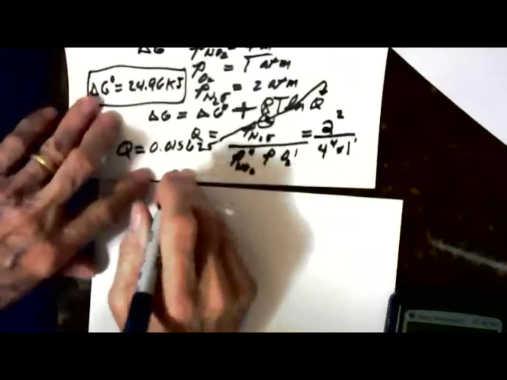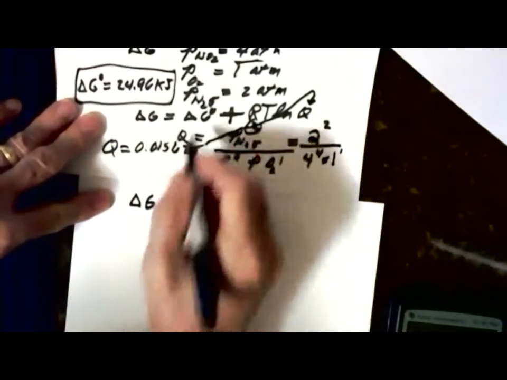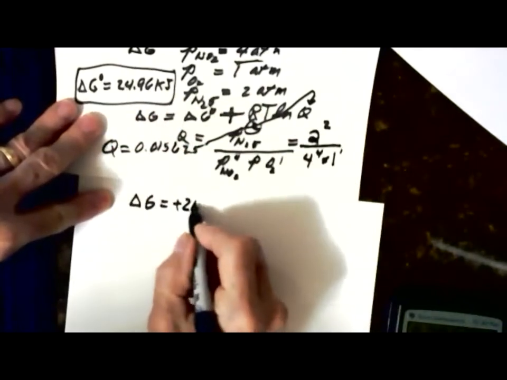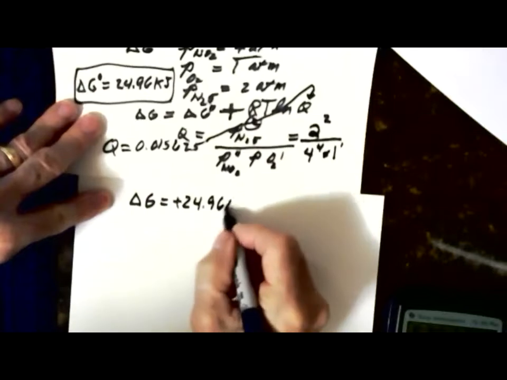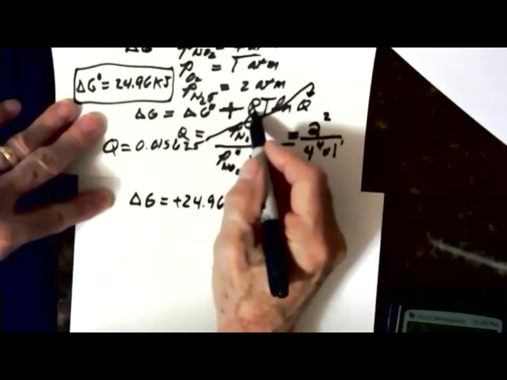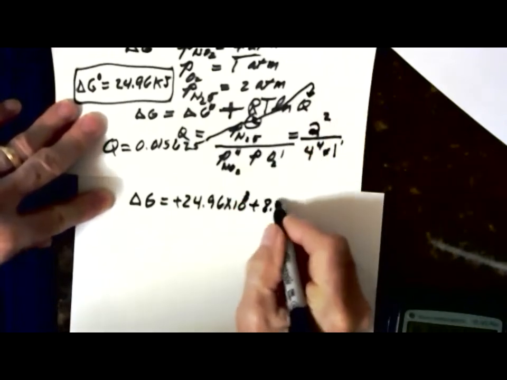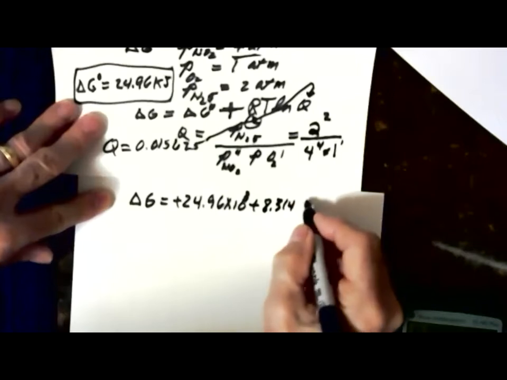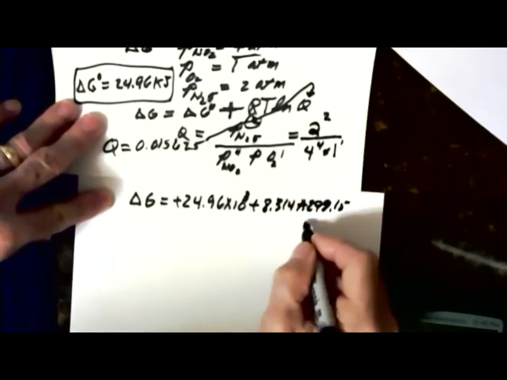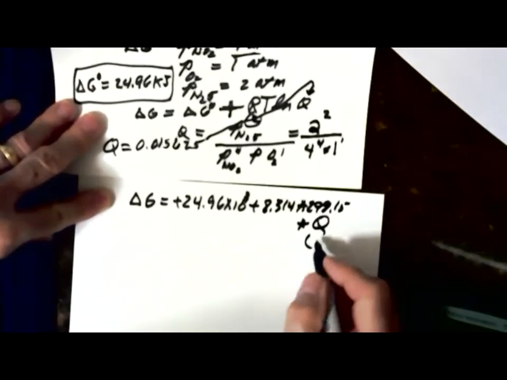We get delta G, copying this, delta G superscript we just calculated is plus 24.96 times 10 to the 3rd joules. I'm anticipating the value of R over here, plus 8.314 times 298.15 times the ln of Q. Now Q is my answer on the calculator.